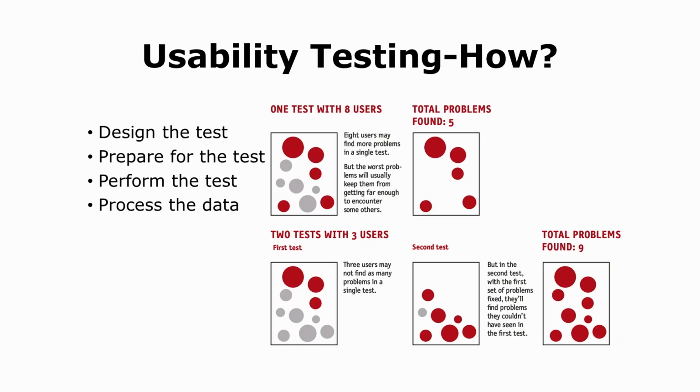So how is usability testing typically done from a theory standpoint? You typically design the test, you prepare for the test, then you perform the test, and then finally process the data, right? So maybe there is one test which is conducted with 8 users. 8 users may find more problems in a single test, but the worst problem will usually keep them from getting far enough to encounter some others, right?